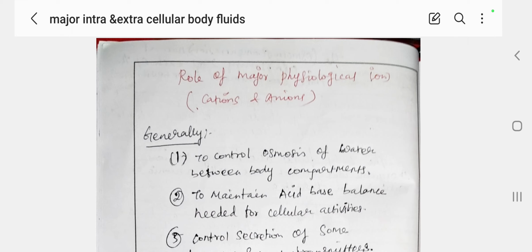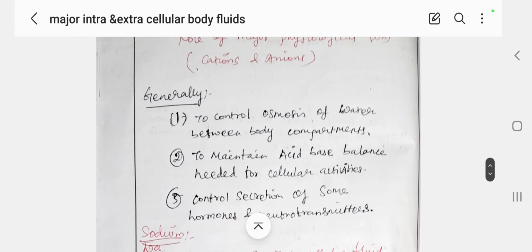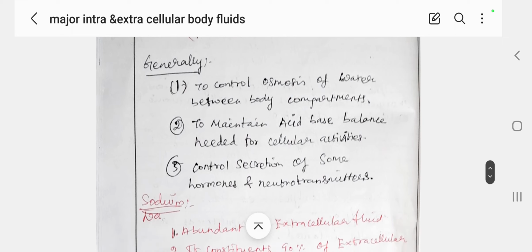Now we'll see briefly about sodium. Generally the ions control the osmosis of water between body compartments. Next, they maintain the acid base balance needed for cellular activity. Third, they control secretion of some hormones and neurotransmitters.